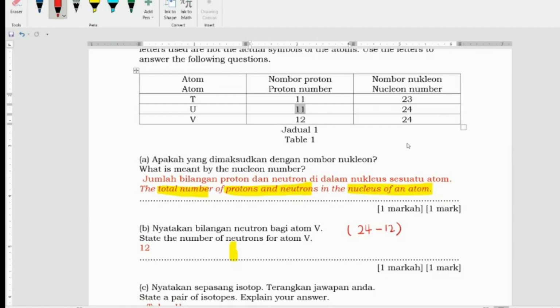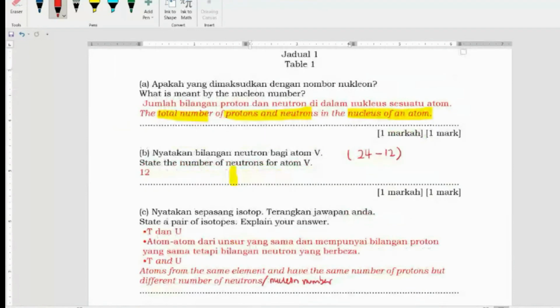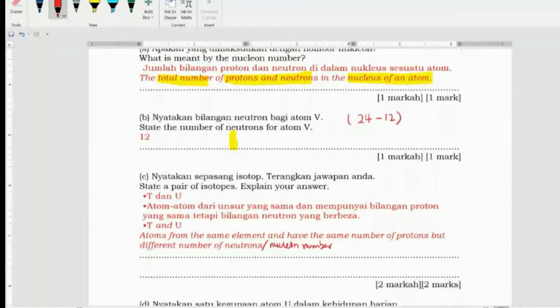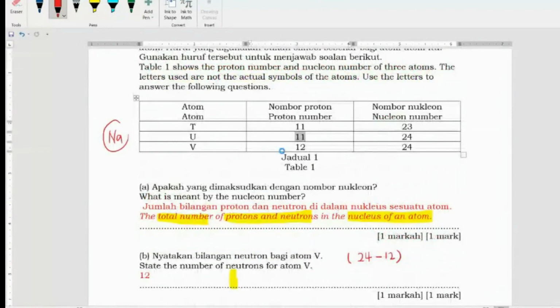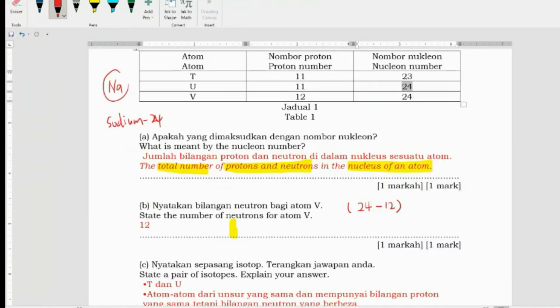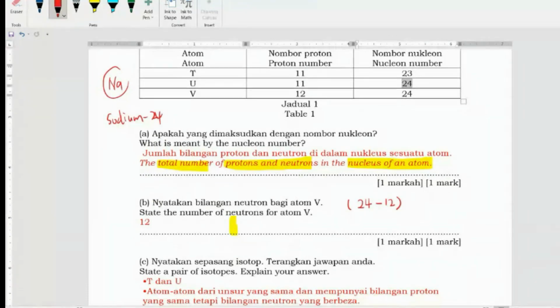Kalau kamu tengok periodic table, yang 11 proton itu ialah sodium lah sebenarnya. Na. Jadi apa gunanya sodium? Isotopes of sodium. Yang ni sodium 24 lah, no? Kamu tengok nuclear number is 24. So meaning that this one is sodium 24. So what is the function of sodium 24 in our daily life?